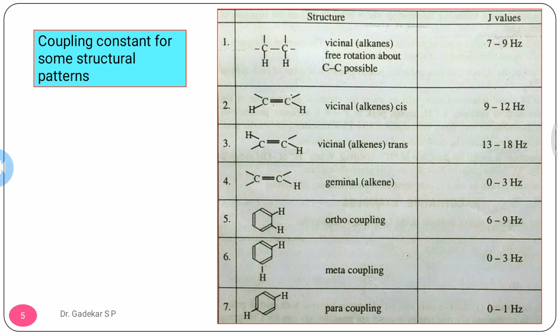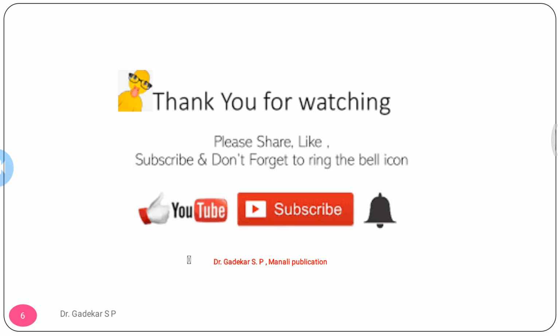Meta and para coupling are long range coupling, observed in 0 to 3 hertz. So this is the structural pattern and J value.